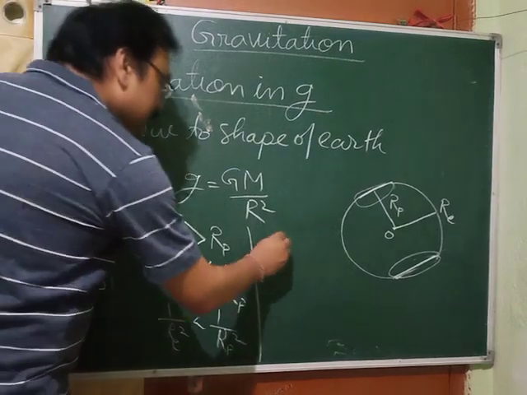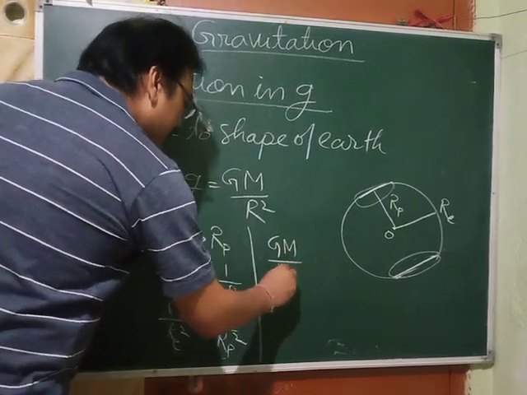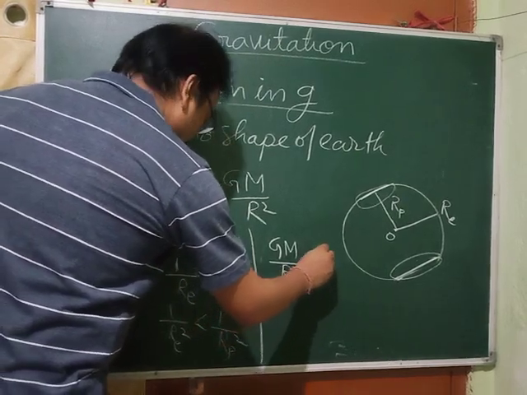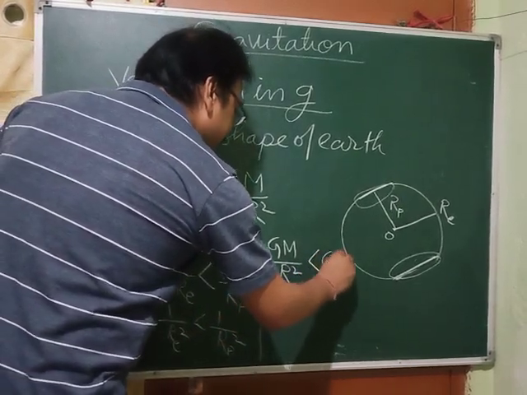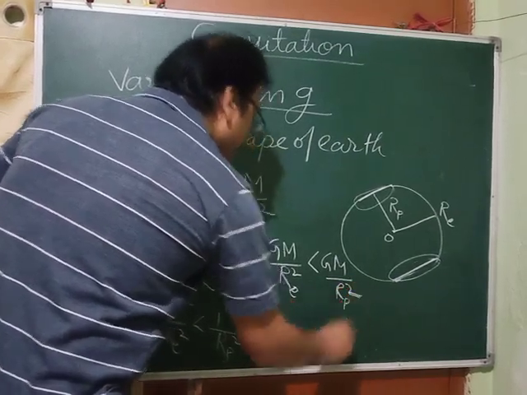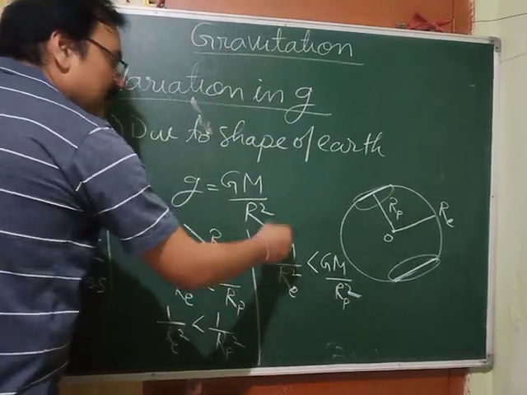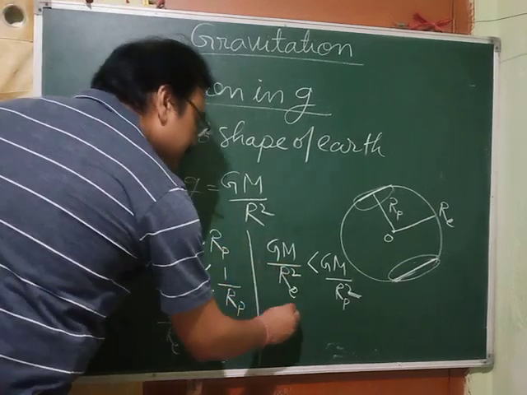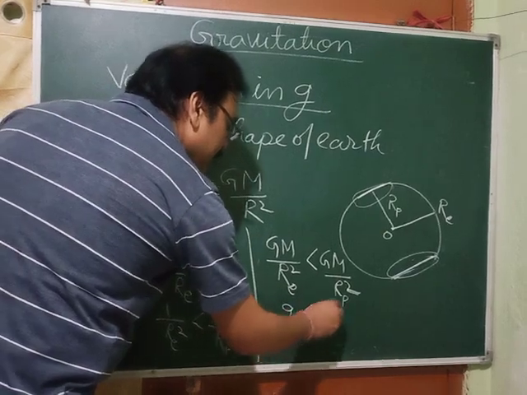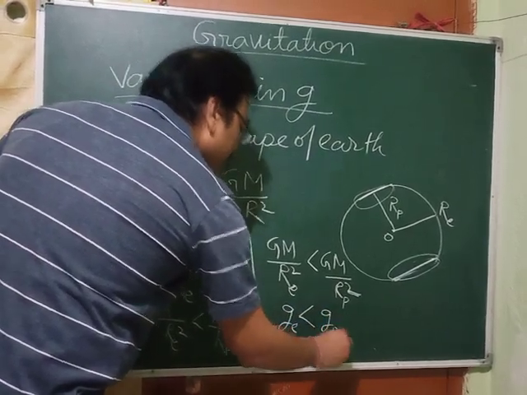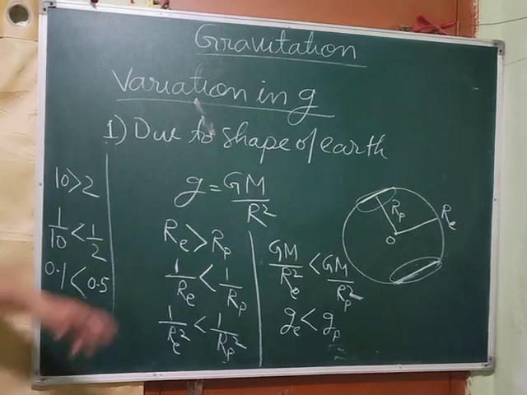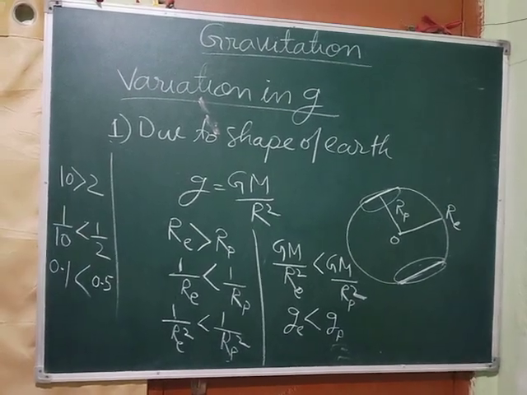So we get GM by RE square is less than GM by RP square. What is this? This is the value of acceleration due to gravity at the equator, because here the radius is that of the equator, and this is the acceleration due to gravity at the pole. What you will find is that acceleration due to gravity at the pole is more than the acceleration due to gravity at the equator.